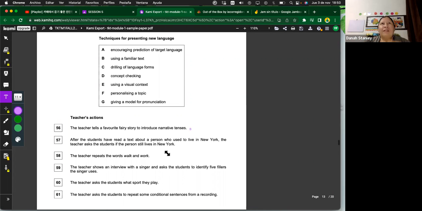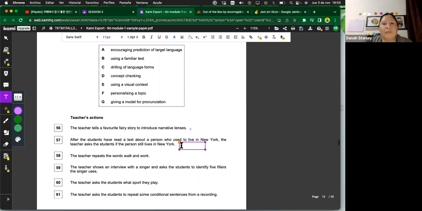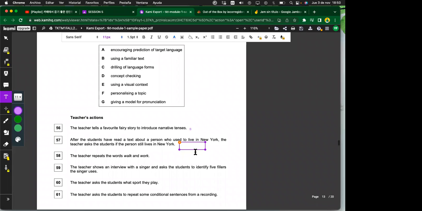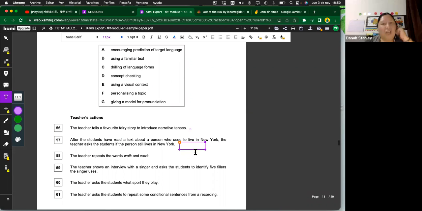Do you remember the teacher in PPP when he was asking the astronaut wears normal clothes or special suit? What was the teacher doing? He was checking the concept, no? Exactly.